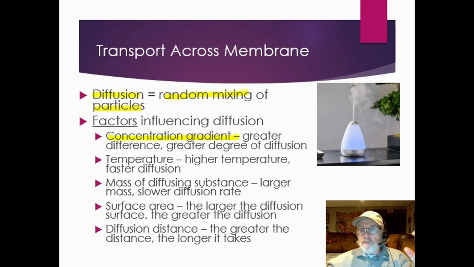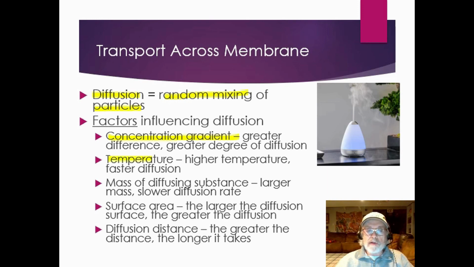So I have 10 particles total inside and outside, and I want 5 on each side. If I'm able to get that material across that membrane, either by a transporter, by simply passing through without a pore, or through a pore, it's going to go from the higher concentration where there are 9 particles to the part of 1, until we finally get to that equilibrium where there's 5 on each side. So the concentration gradient makes a difference.